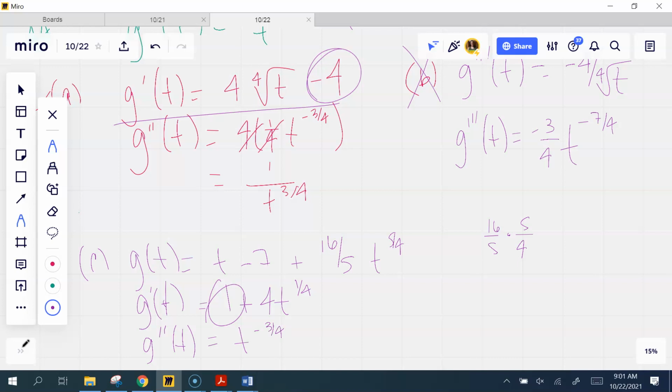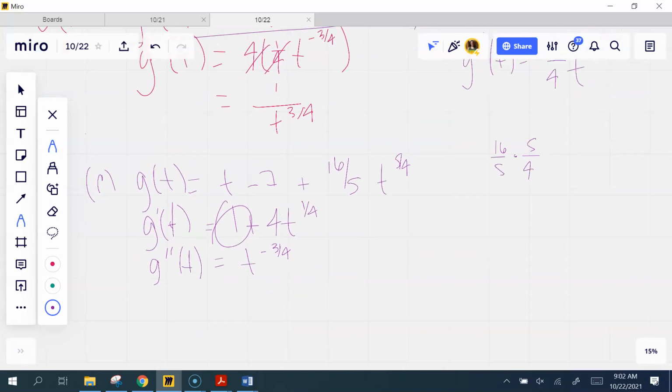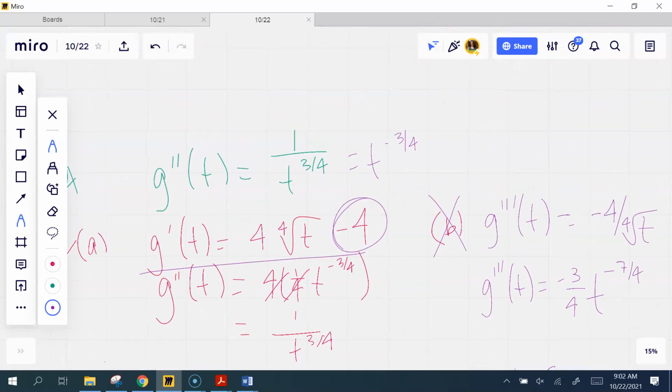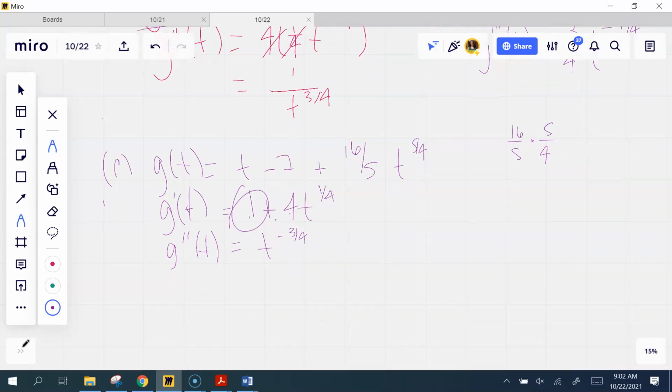I think so. 1 plus 4t to the 1/4. So that's 0. So it's 1/4 times 4 is t. Yeah. So if you go back up, it does match. It's t to the -3/4, so it matches.